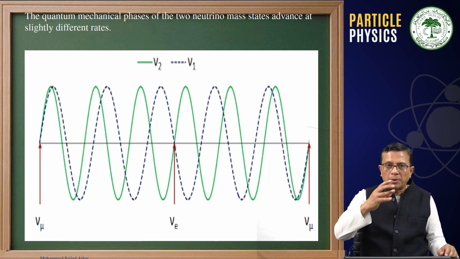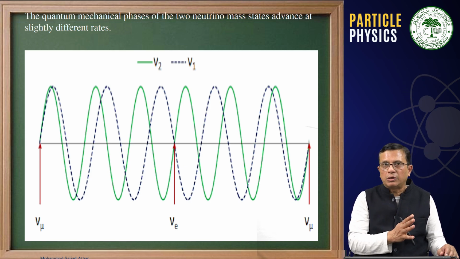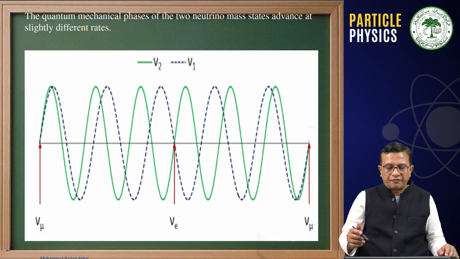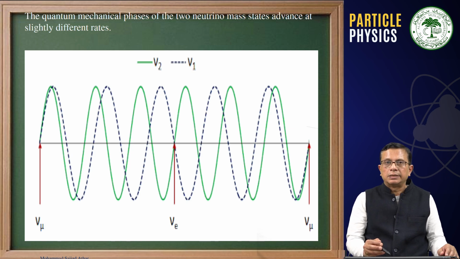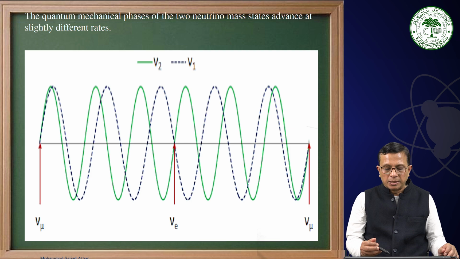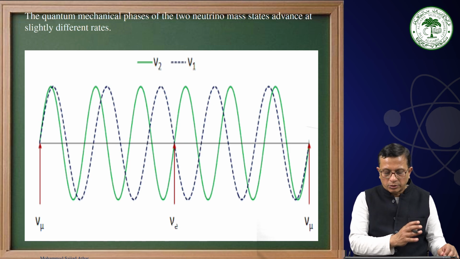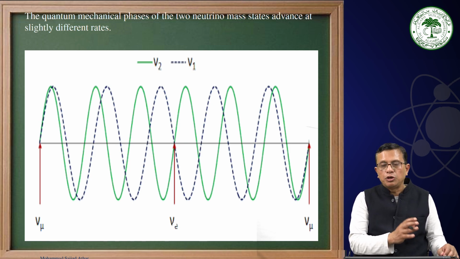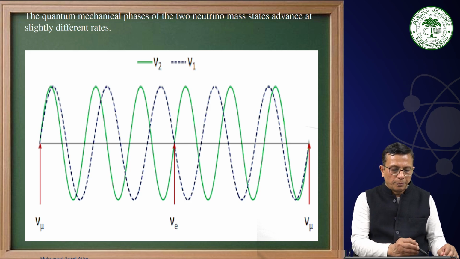Now, when we are talking about a mixture of nu1 and nu2, because they have different frequencies, they develop different phases, and as these neutrinos travel, because of the different phases, they overlap. Somewhere you will have the production of nu e, at some other place you will have the production of nu mu, and therefore this is what we are talking about, transformation from nu mu to nu e and then back to nu mu.